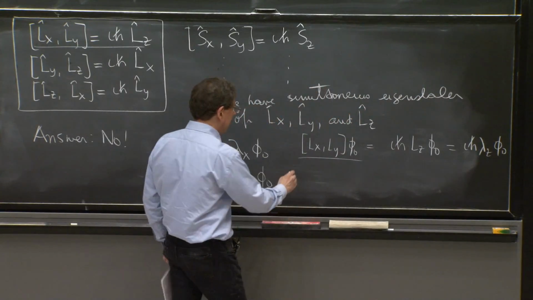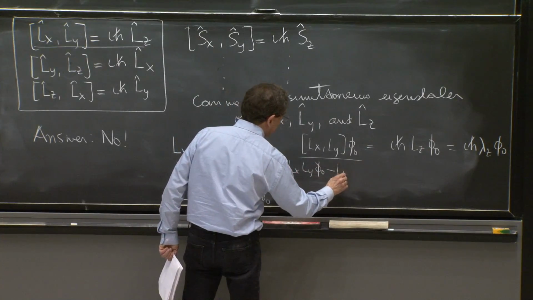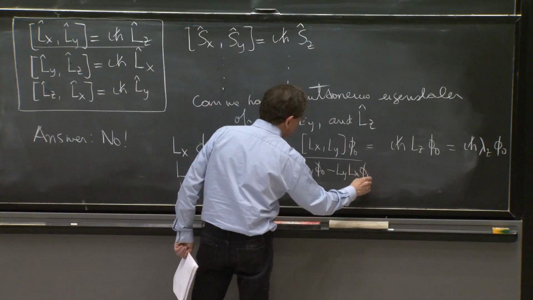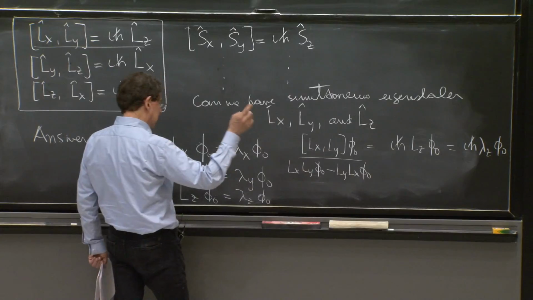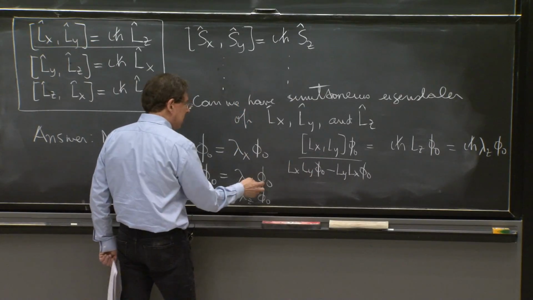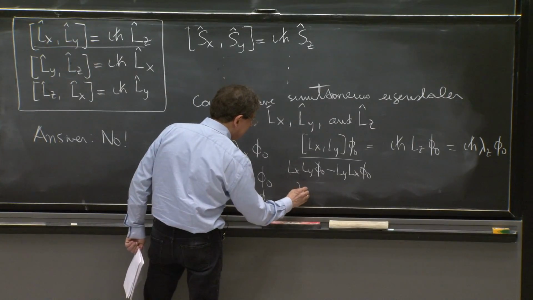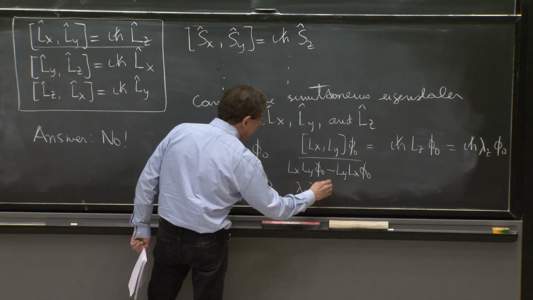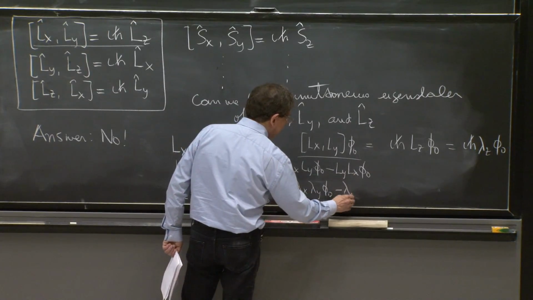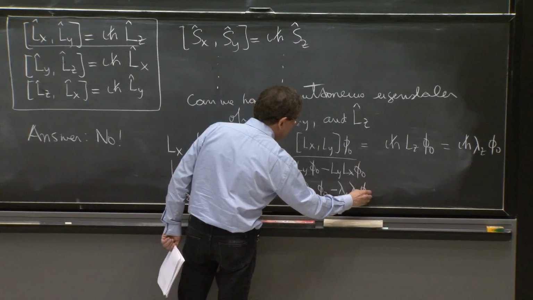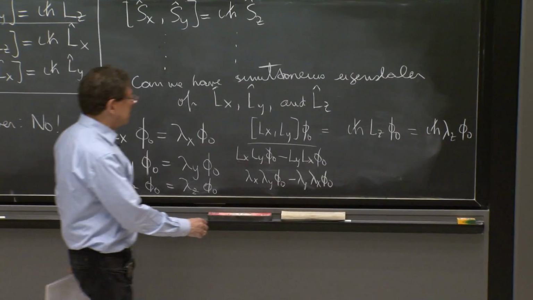The left-hand side is Lx Ly on phi naught minus Ly Lx on phi naught. When Ly acts, it produces a lambda y, but then phi naught. And then when Lx acts, it produces a lambda x. So this produces lambda x lambda y phi naught minus lambda y lambda x phi naught, which is the same thing. So the left-hand side is 0.